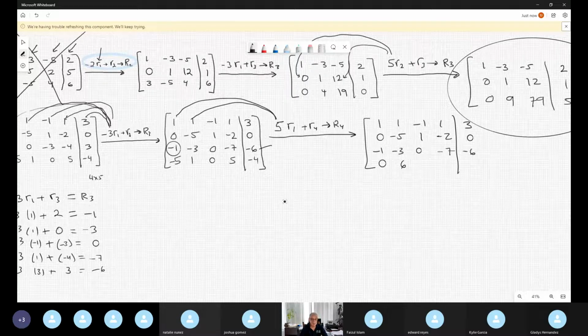I multiply again, 5 times negative 1 is negative 5, and negative 5 plus 0 is negative 5. And 5 times 1 again is positive 5, and positive 5 plus 5 is 10. And 5 times 3 is 15, and 15 minus 4 is 11. Boom. Here's the final answer, which corresponds again with option C.